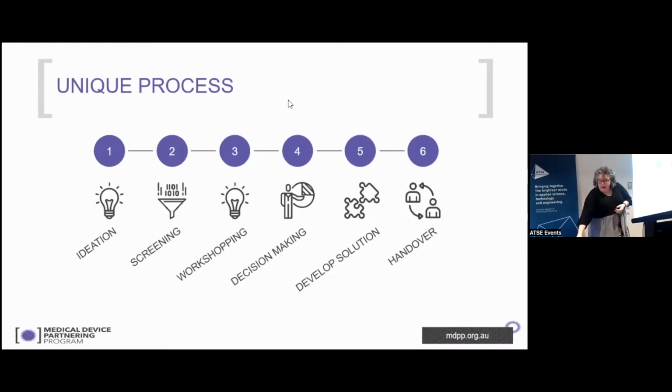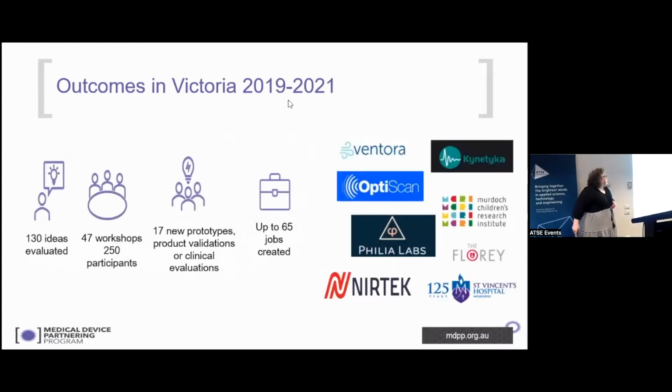Now, through that process, in 2 years, we looked at 130 ideas. We ran 47 workshops with over 250 participants in those workshops. We created 17 new prototypes or validated 17 different new products. And we created about 65 jobs.